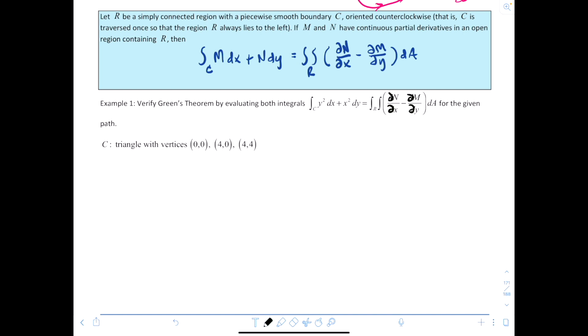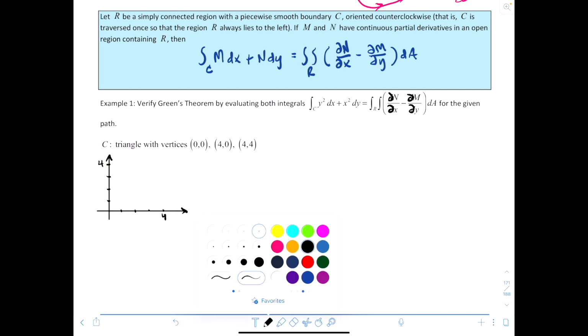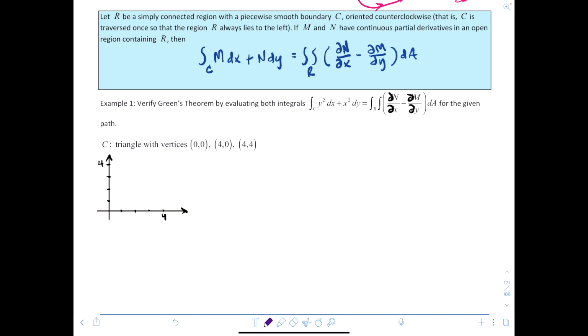So the triangle with vertices 0, 0, 4, 0, and 4, 4. Right? So let's check it out. You've got this triangle, and it's got vertices at 0, 0, 4, 0, and 4, 4, like this.